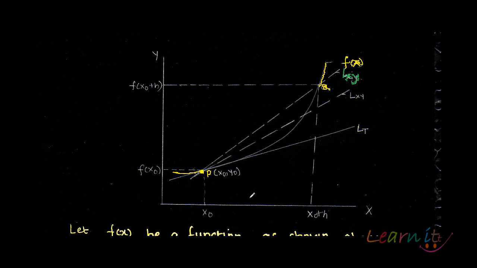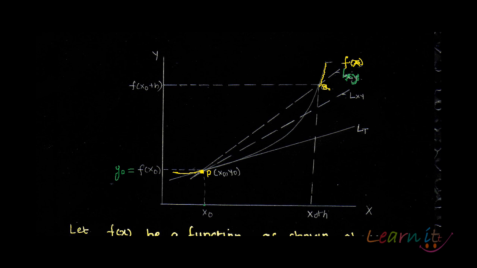This point P essentially associates x0 and y0. So this point P is essentially (x0, y0), that is, x0 and f(x0), which equals y0.